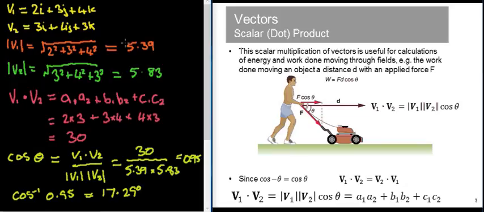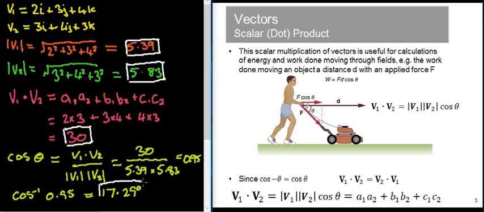So here we have the magnitude of V1, the magnitude of V2, the scalar product of V1 dot V2 and the angle between 1 and 2. And that completes this short tutorial.